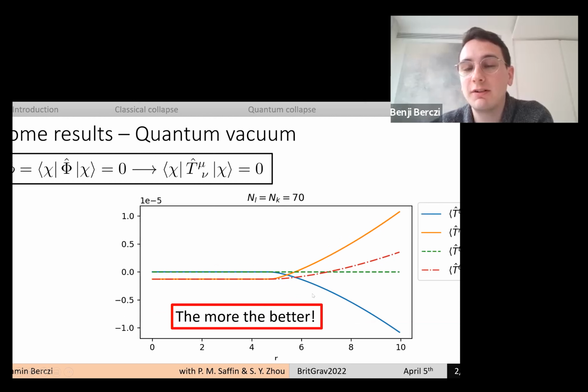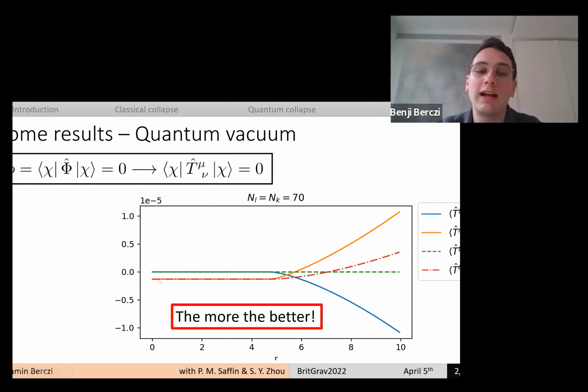You can see that it diverges, but at this central spatial value, it's flat and approximately 0. So that's what I mean by realistic: in the vacuum, the stress energy tensors vanish at a sufficient spatial location, with a sufficiently small error.